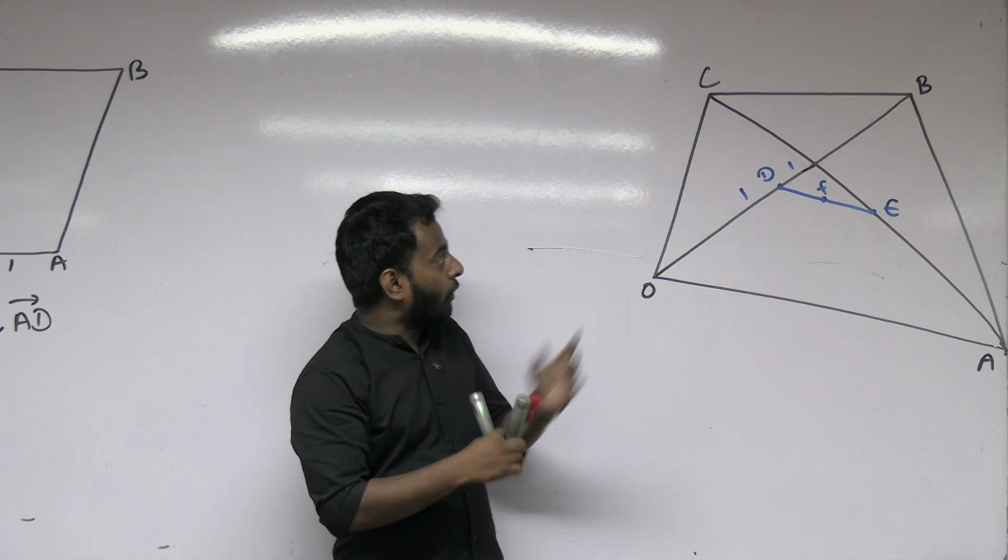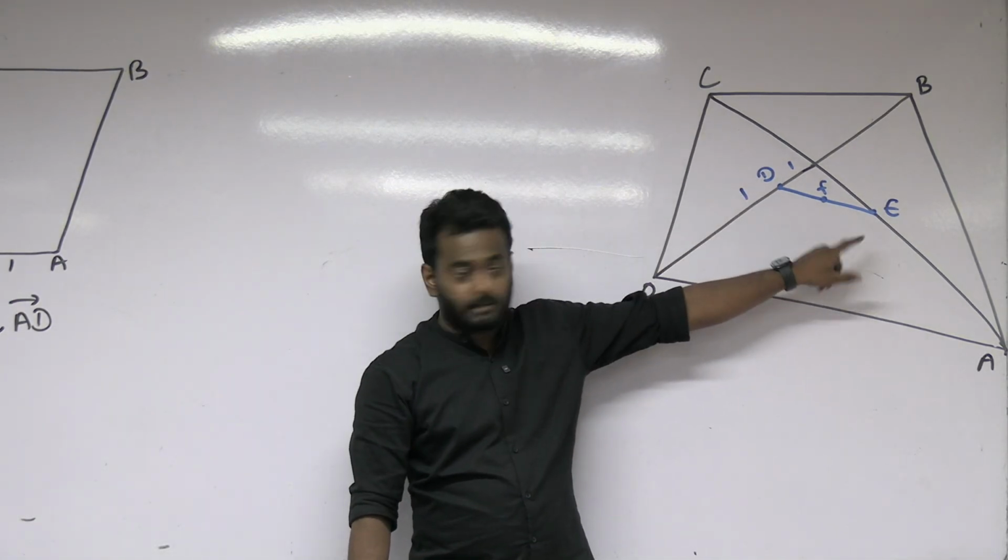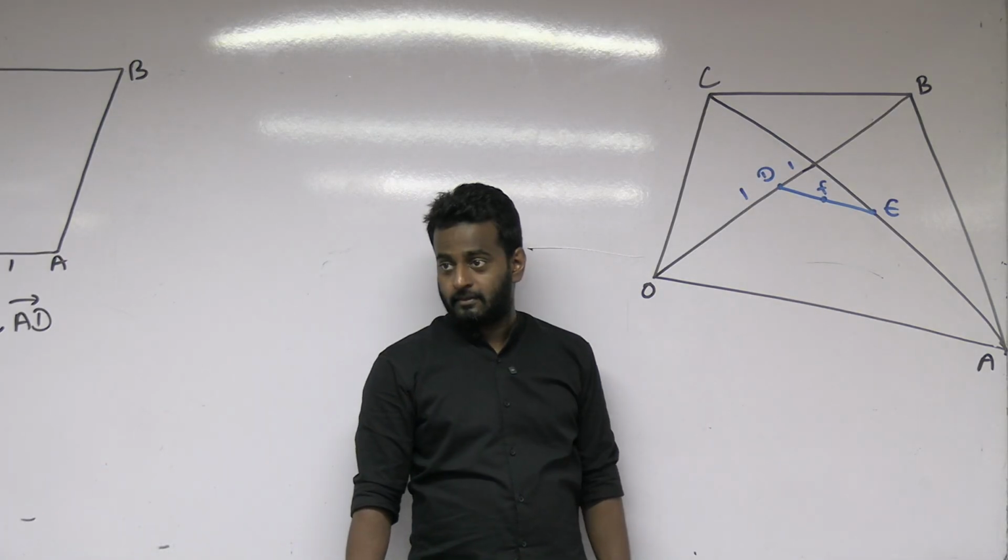The midpoint of OB is D, the midpoint of AC is E, and the midpoint of DE is F. Are you okay with that?